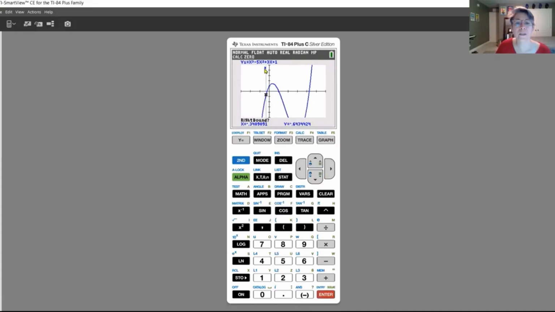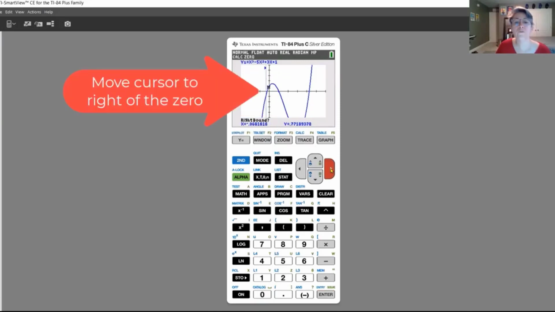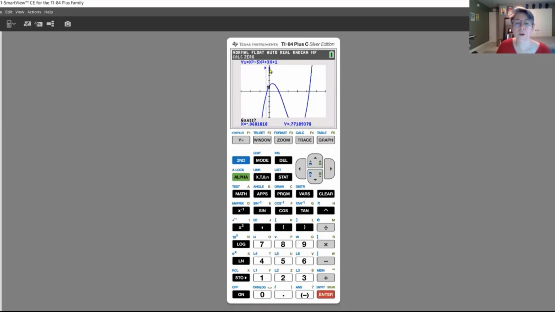And notice it gives me a little marker here, so we know that it's to the right of that. And now I'm going to give the right bound, so I'm going to go to the other side of my 0 and hit enter. And notice it gives me a marker there. It's asking, do you want us to guess or estimate the X-intercept between those 2 markers?